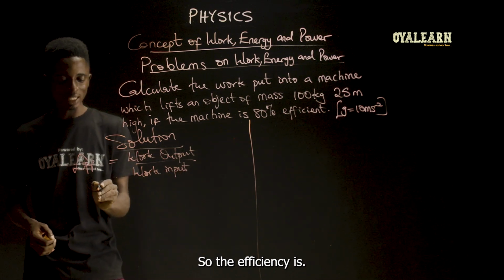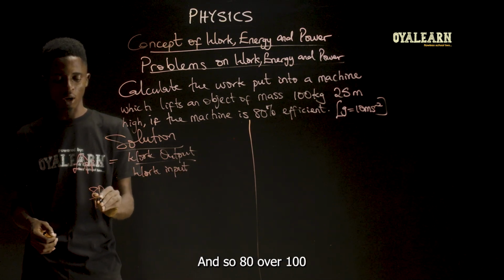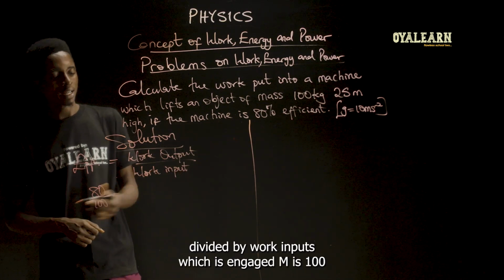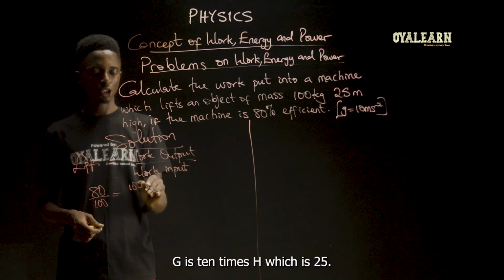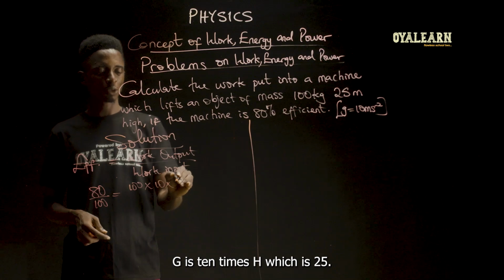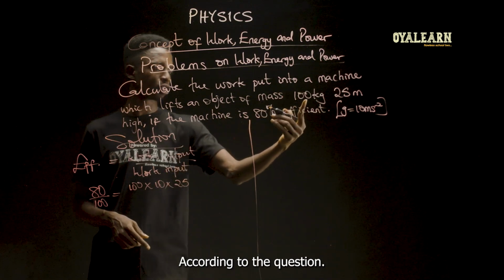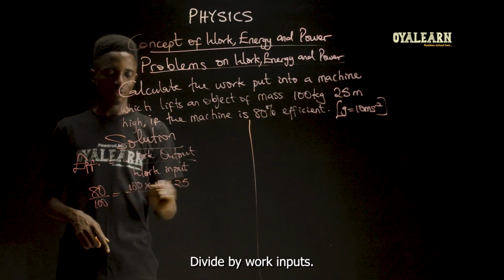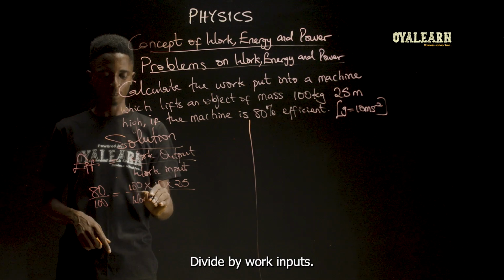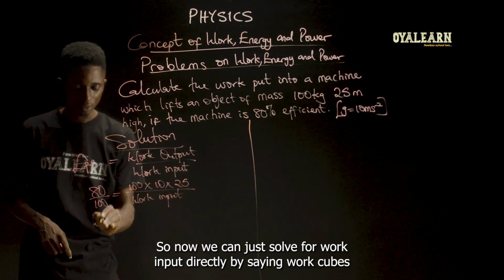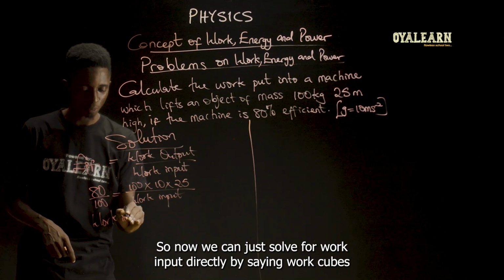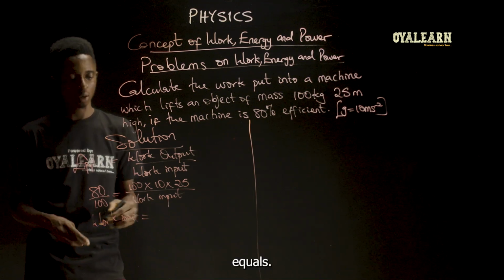So the efficiency is 80%, so 80 over 100 equals mgh divided by work input. m is 100, g is 10, times h, which is 25, according to the question, divided by work input.